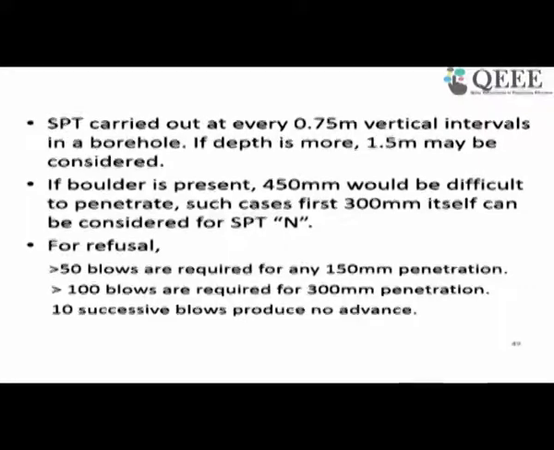So either it is 50 blows for any 150 millimeter penetration, or more than 100 blows for 300 millimeter penetration. If the blows are beyond 50 or 100 for 150 or 300 millimeter penetration respectively, you can call it a refusal. That means the strata is refusing to give a sample. Sometimes even 10 successive blows without much progress, you can call it a refusal.